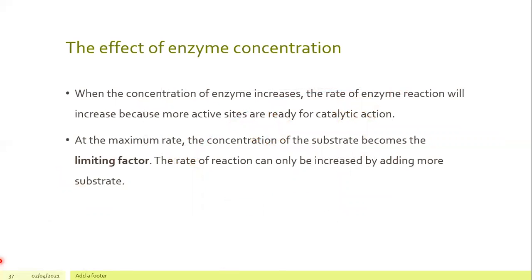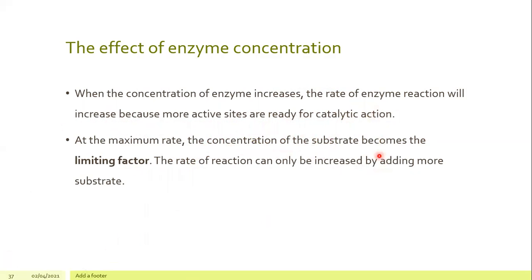And then the next and also the last factor to affect our enzyme activity, of course, is the enzyme concentration. Same as the substrate concentration, when the concentration of enzyme increases, the rate is going to increase as well because there are more active sites on the enzyme for the reaction. But at the maximum level, the rate of reaction is going to become constant as well.